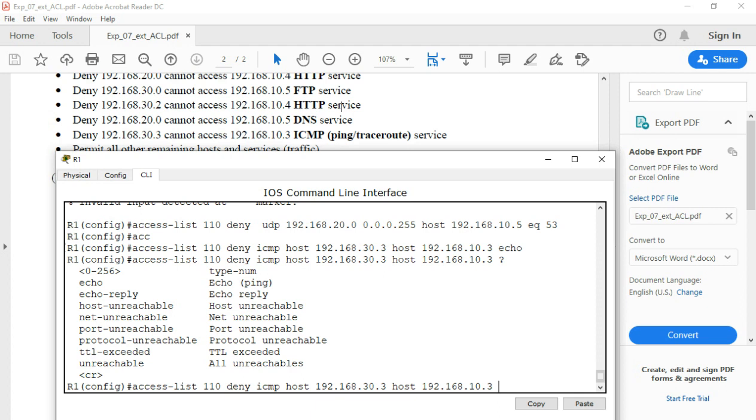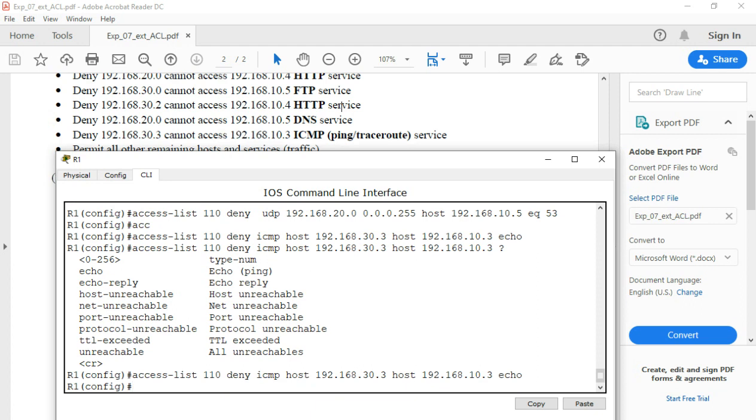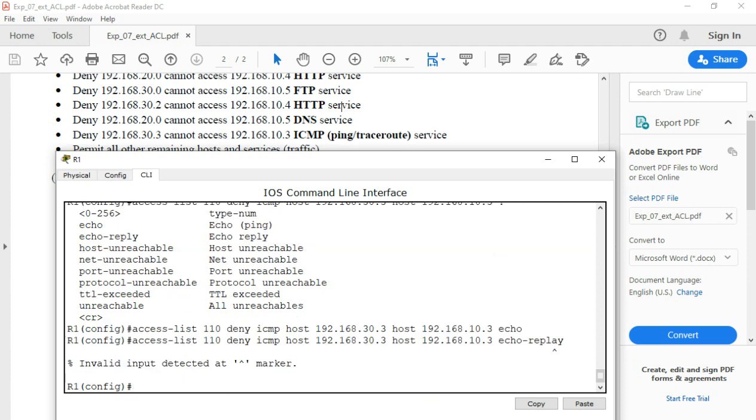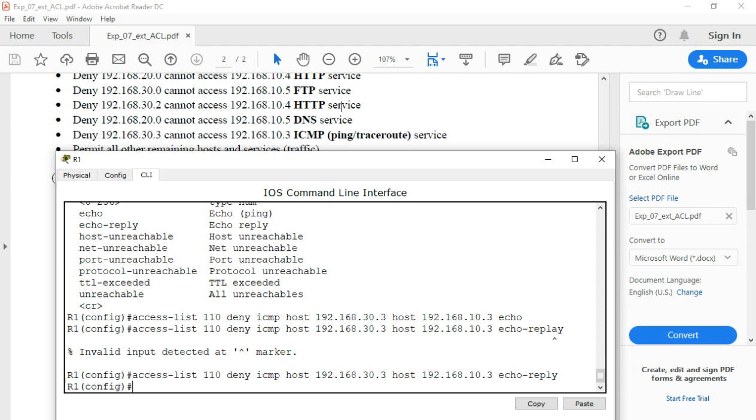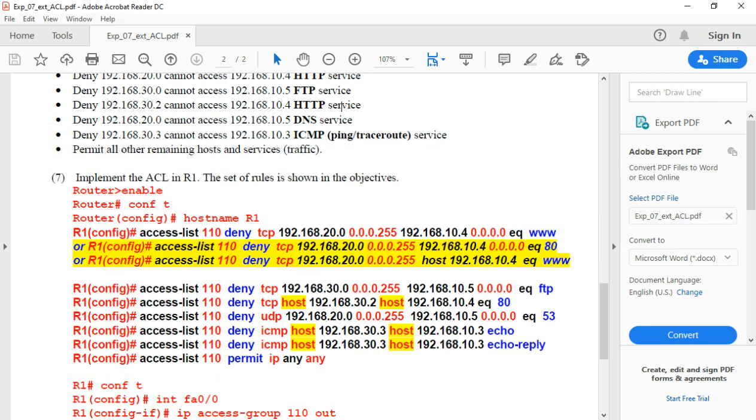So we will prevent echo and echo reply, which are used for traceroute.